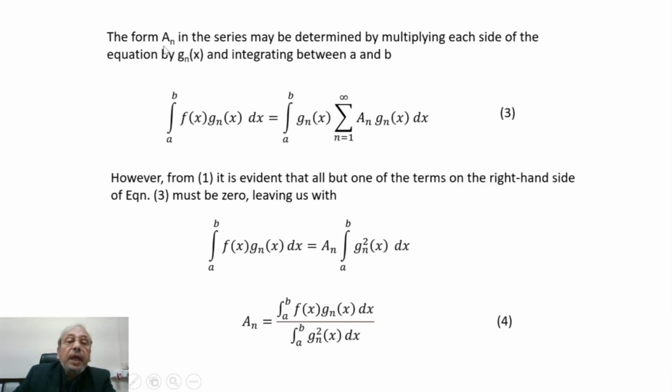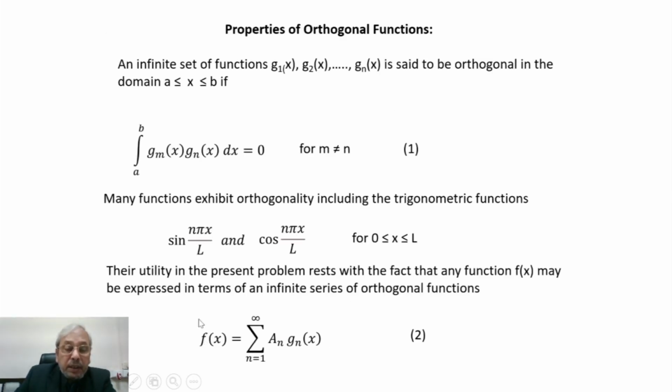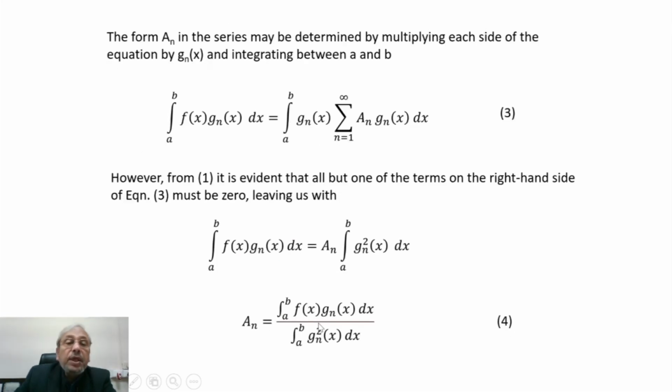The form of an in the series may be determined by multiplying each side of the equation by gn(x) and integrating between a and b. So this f(x), we integrate between a and b by multiplying by gn(x), and the right hand side we also do the same: the integral between a and b of f(x) gn(x) dx, and the integral between a and b of gn(x) multiplied by this series, an gn, n equal to 1 to infinity, dx.